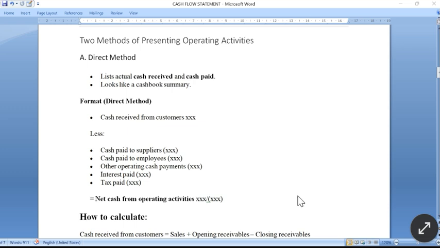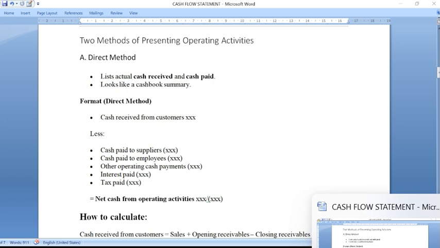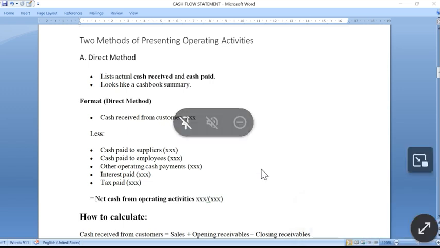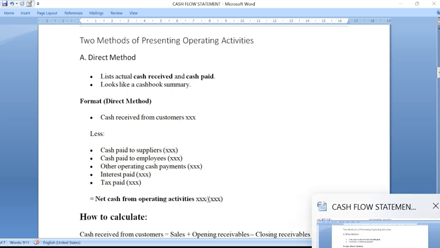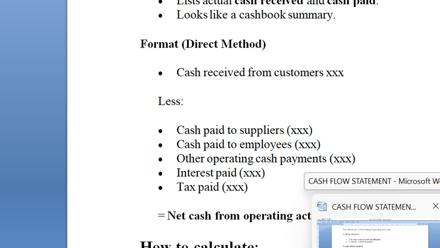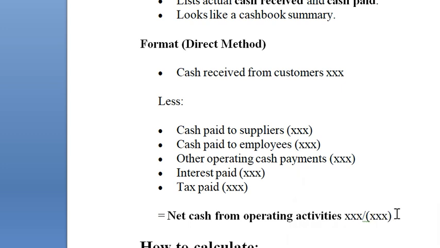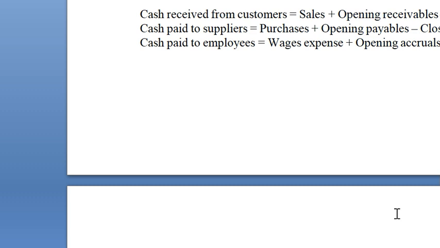Then we have what we call cash paid to suppliers. How do you determine your cash paid to suppliers? Very, very simple also. It is your purchases plus opening payables minus your closing payables.